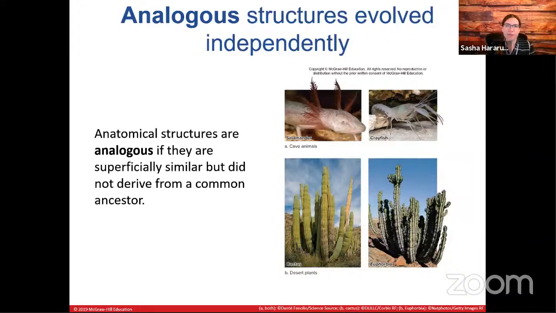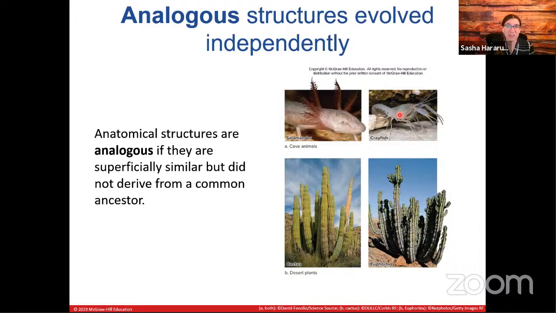An example is this pair here. This is a salamander living in a cave, and this is a crayfish living in a cave. Both of them have discolorations, or they lack color on their bodies, but they do not evolve from the same common ancestor.